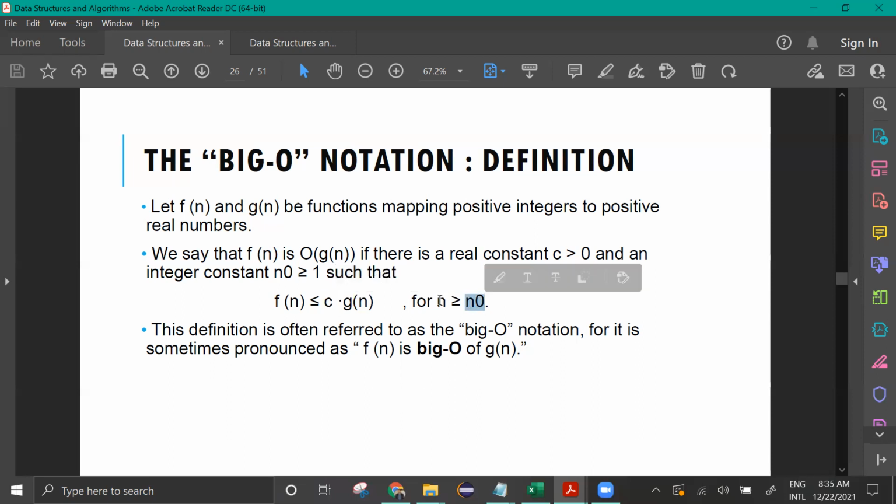For all n greater than or equal to n0, we define a g(n) which satisfies this equation: f(n) is always less than or equal to C g(n).